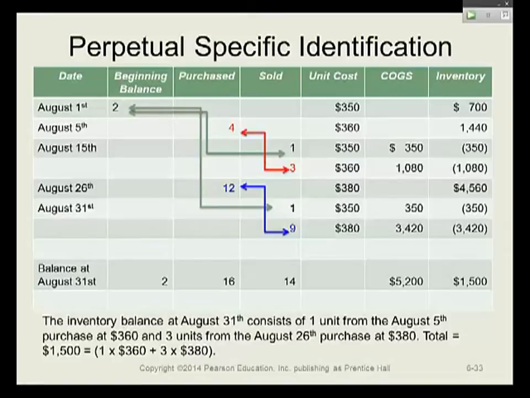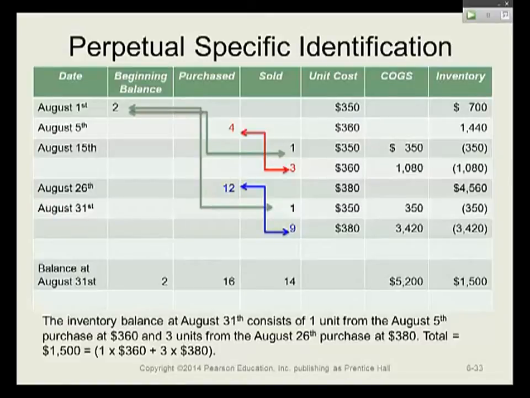Okay? All right, so the ending inventory is 1,500. Let me put this back up for you. The ending inventory is going to come from 1 unit left out of the August 5th purchase, where you only sold 3, so there's 1 left at 360, and you sold 9 out of the 12, so you have 3 left at 380.